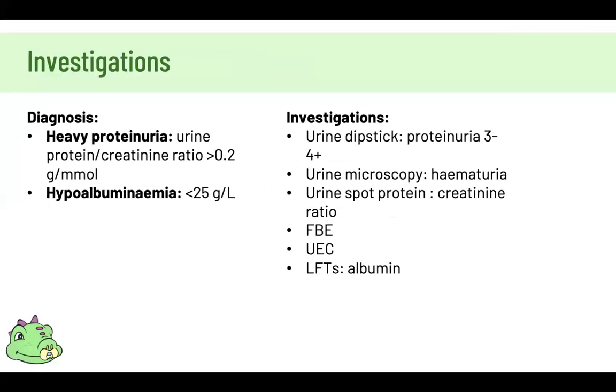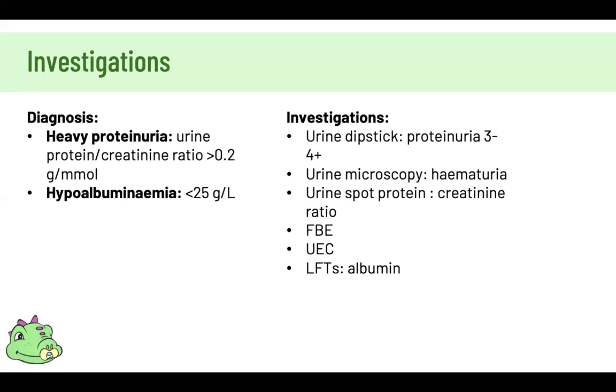The investigation, so essentially to diagnose nephrotic syndrome, you need proteinuria and you need hypoalbuminemia. So the proteinuria, you can do a urine PCR, a protein creatinine ratio, which would be greater than 0.2, and essentially an albumin level of less than 25 would indicate hypoalbuminemia. So that's your main diagnostic criteria.